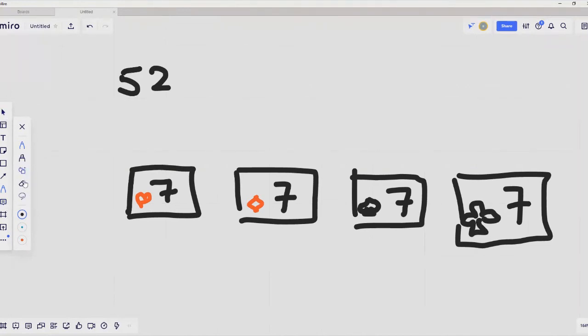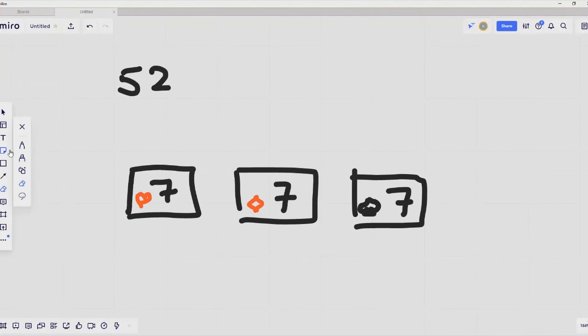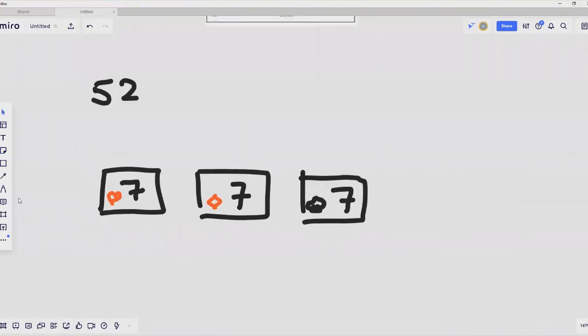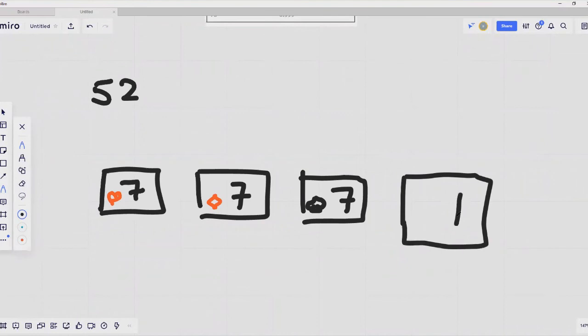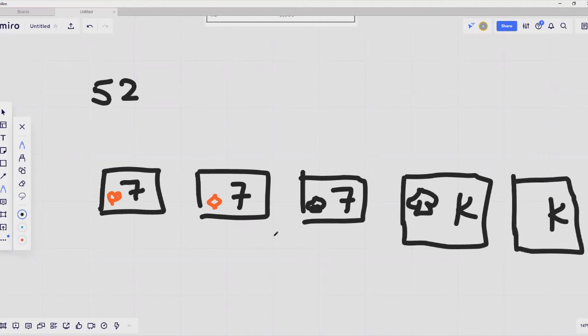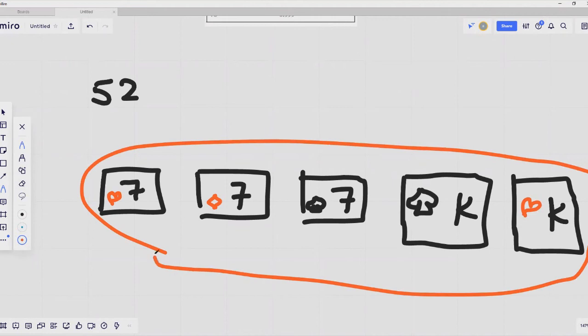I mean, we don't need 7 of spades, right? And 2 cards of another denomination, let's say a couple of kings. Let's say king of spades and king of hearts. So this is one example of a full house. Let's calculate the probability of a full house.